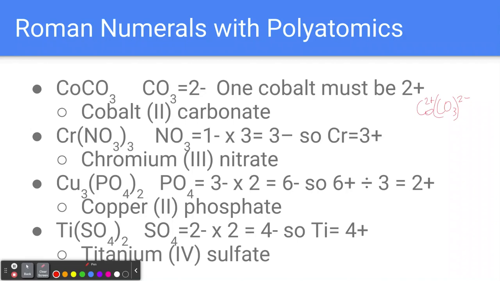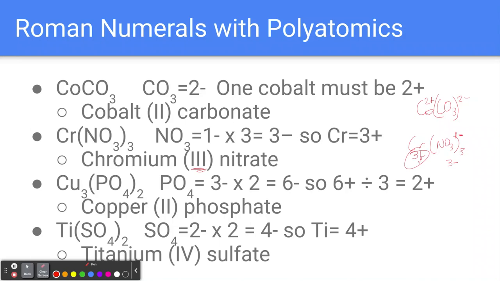This next one here, we've got chromium nitrate. Now we've got to figure out the charge of that chromium. So chromium, NO3 with 3 of them. Each one is a -1 charge. So -1 times 3 gives us a 3- charge. We've only got one chromium, so that chromium has to be a +3 charge. So that's where we get that chromium 3 nitrate here.